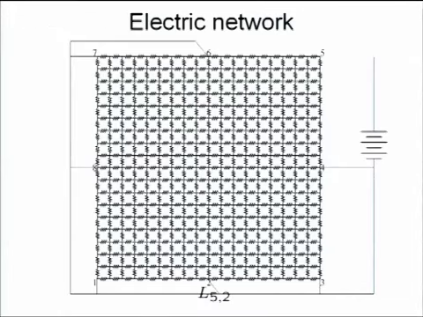Okay, so these L variables are given by the following. L52 is given by the following experiment. You take your battery, apply 1 volt to node 5 and 0 volts to all the other nodes, and then you measure how much current flows into node 2.